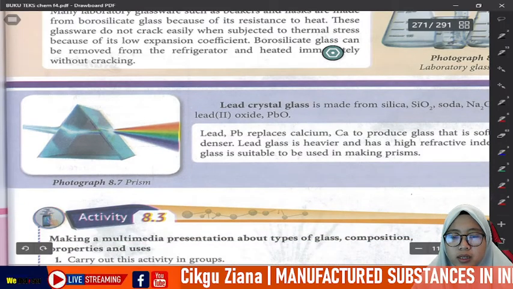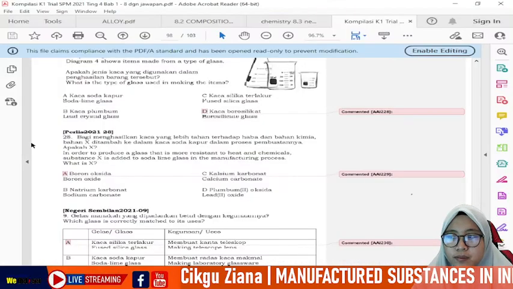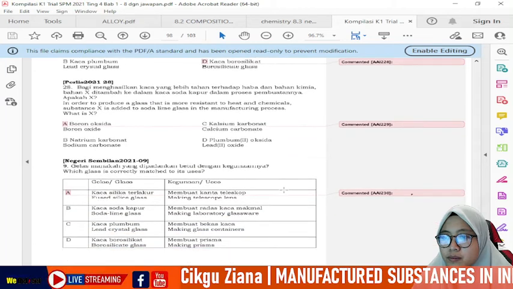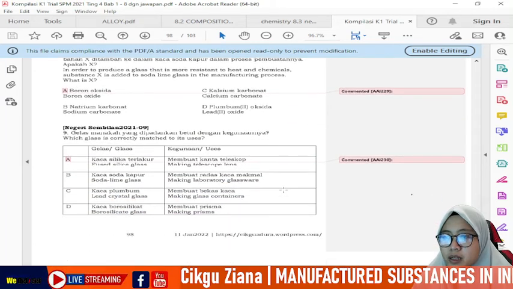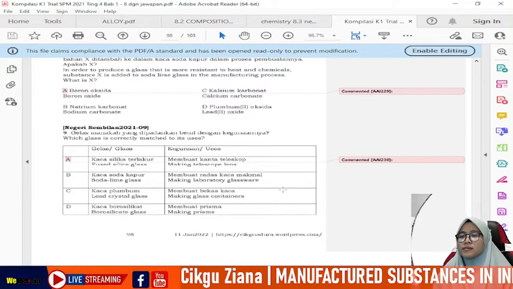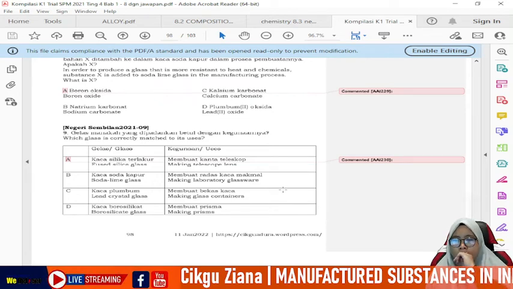Okay. So, next. Negeri Sembilan. Okay, which one is correct? A, B, C, D. A, fused glass.